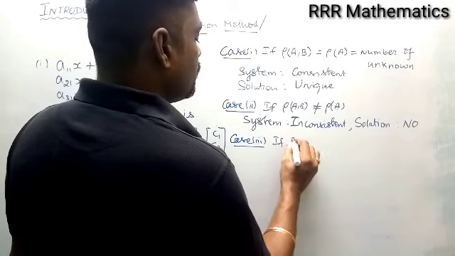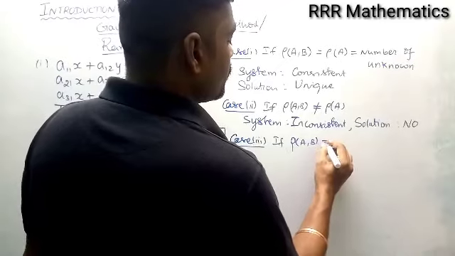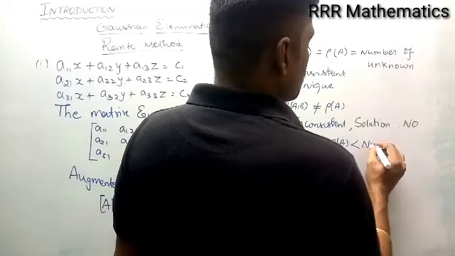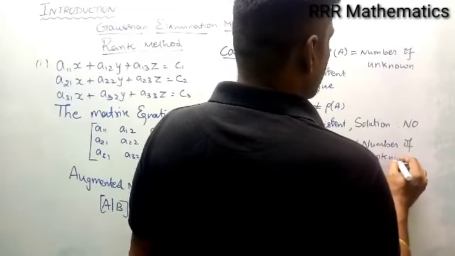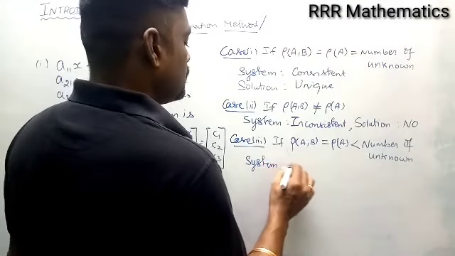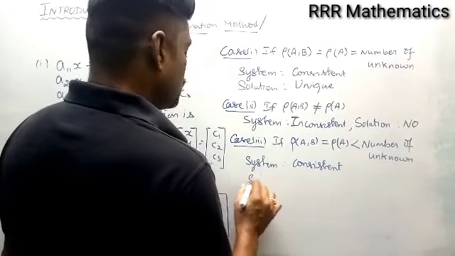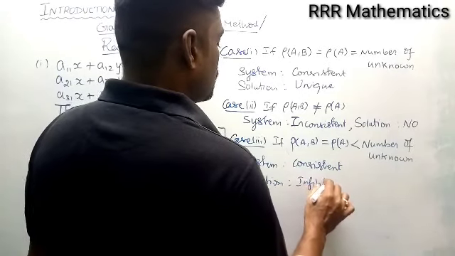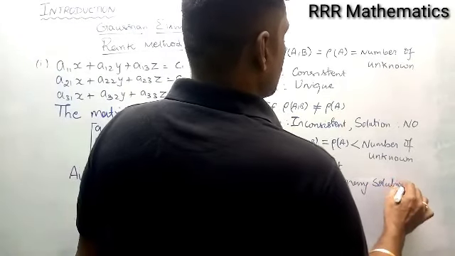Case 3. If rank of (A, B) is equal to rank of A but less than the number of unknowns, in this case the system is consistent, with infinitely many solutions.